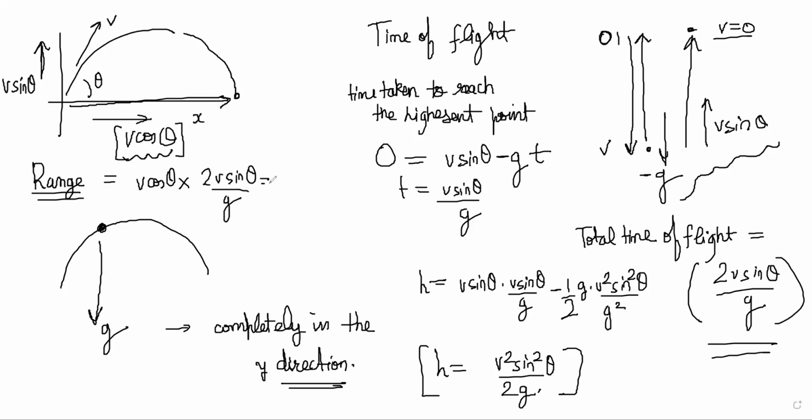So this becomes your equation, v square sine 2 theta by g, and we get the regular formula that we have for range. Now range is obviously maximized when sine 2 theta is equal to 1, basically theta is equal to 45 degrees. So these are standard results that you probably are already aware of.